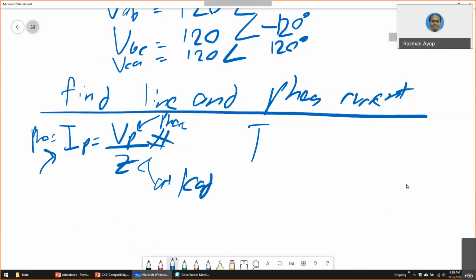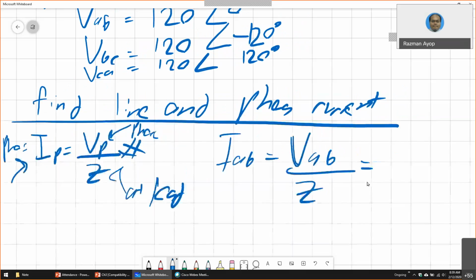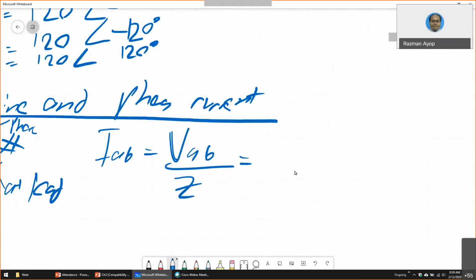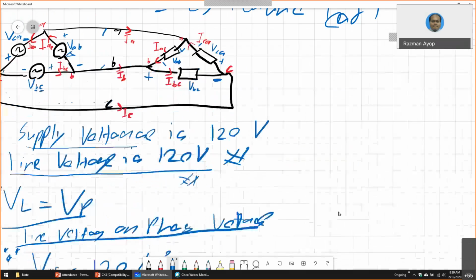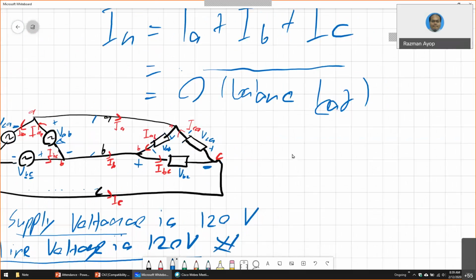So IAB equals VAB divided by Z. Z we don't have given yet. There is also a popular question.